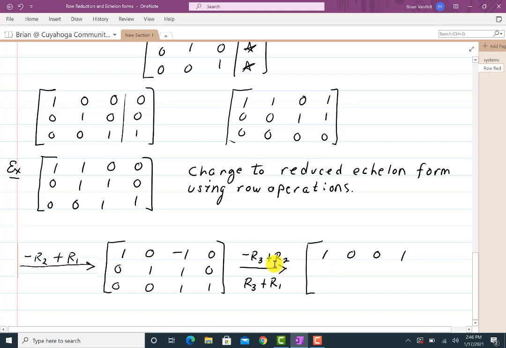And then for R2, let's see, this will be untouched, this will be untouched. However, this particular one will disappear because negative 1 plus that one will be 0. Let me get those in there. And then I will have a spot in the end here. Negative 1 plus 0 is negative 1.